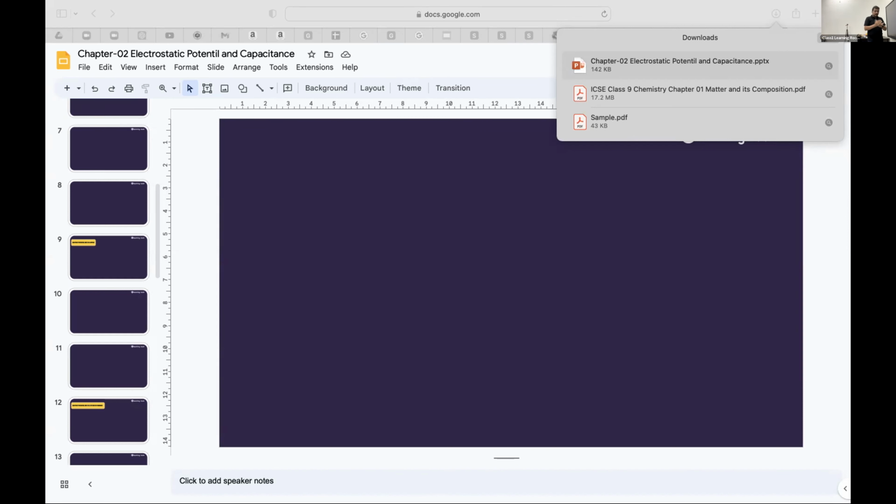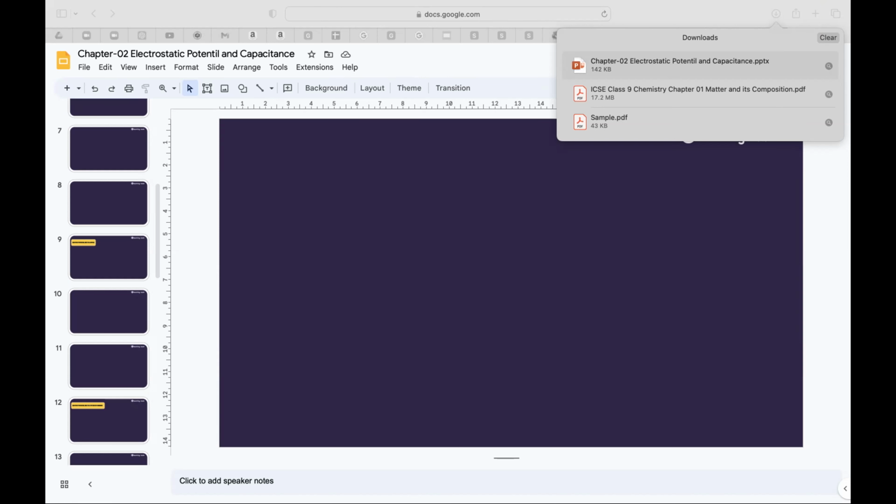Lastly, we will see how electrostatic potential is related to the electric field from the previous chapter. Based on that, we will derive some important conclusions. Shall we get started?